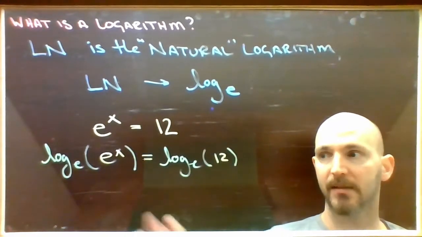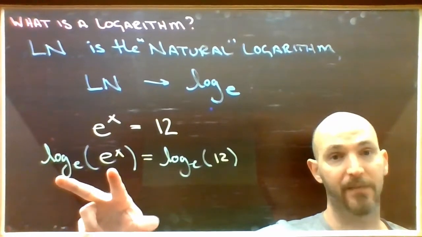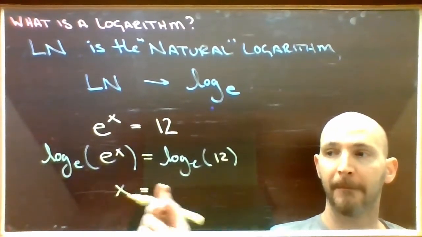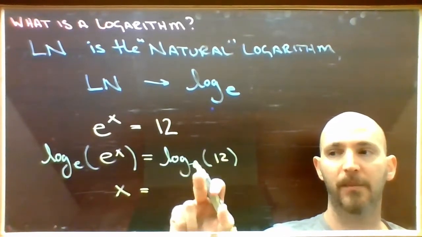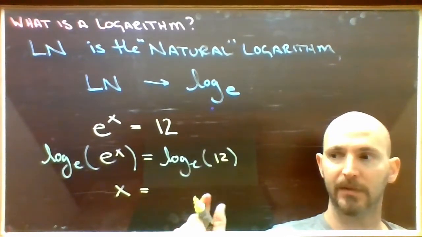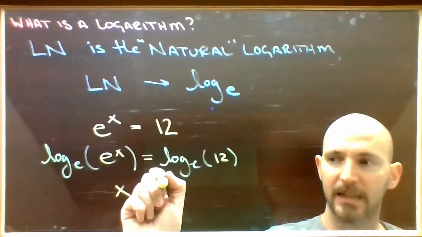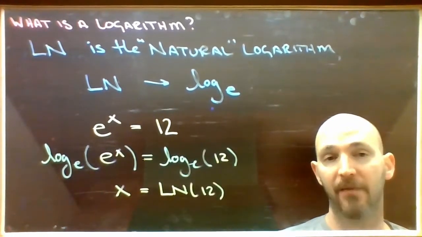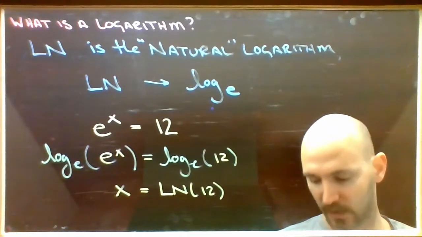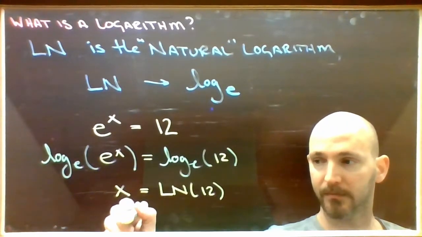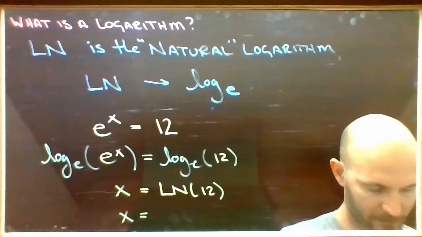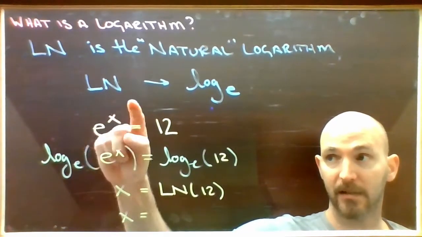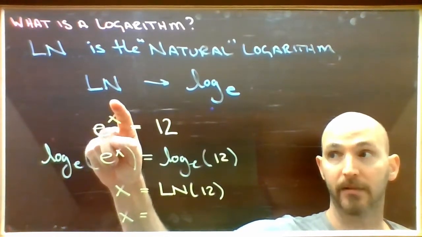Now, as always, a function and its antifunction pair undo each other, and you're left with just the x. But over here, I have log base e of 12. Well, log base e is just ln, and you have that button on your calculator. So if I type that in, ln of 12, sorry, this thing gets pronounced ln.